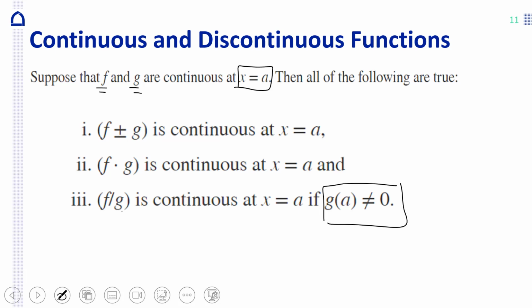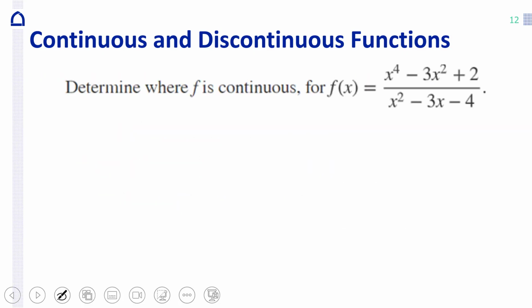So when you divide by a function, guarantee this function at this point is not 0. Otherwise, it will be an undefined value. So if you have two functions and subtract them, add them, multiply them, or divide them, the result will be continuous. Just make sure with the division you divide by a non-zero value.